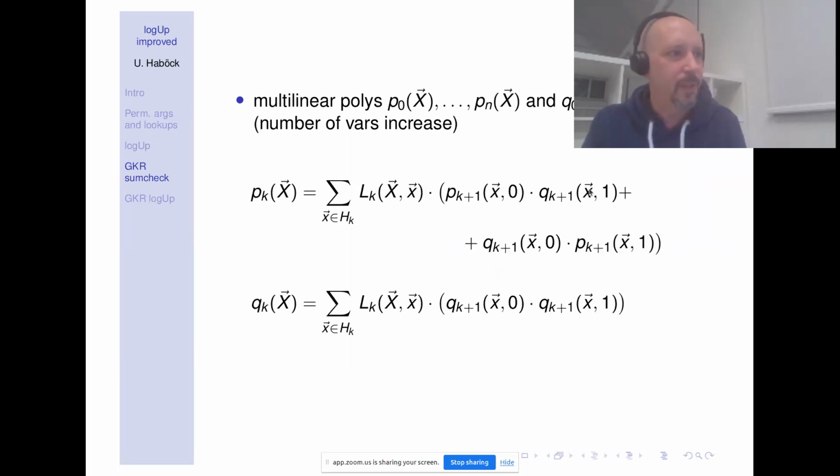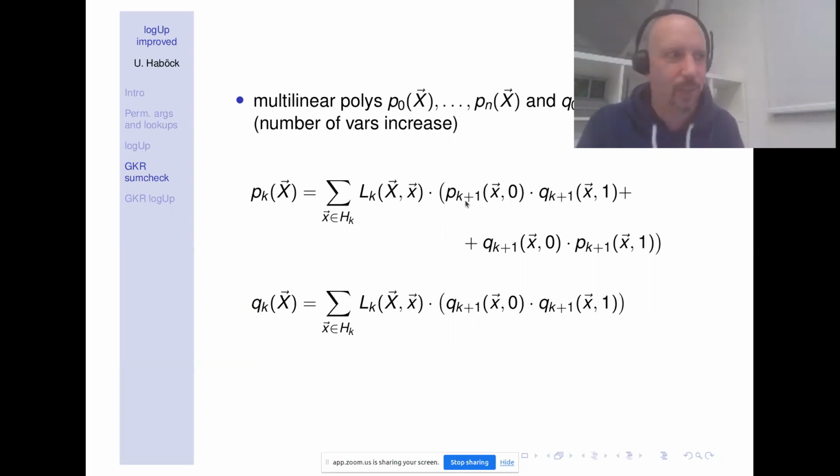So look at this. This is just the Lagrange representation. That's what other papers call the EQ function. So this is just the Kronecker delta. So how to read this? Don't look at too many details, but at a point, so we are now at layer k, and we want to formulate its dependencies on the numerator and denominator polynomials' values at the layer below.